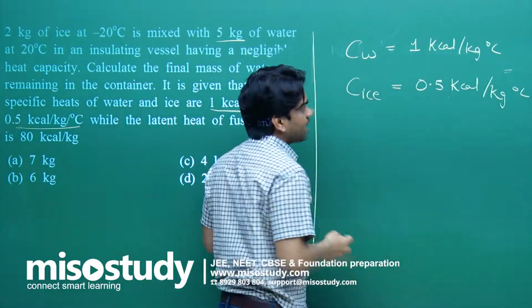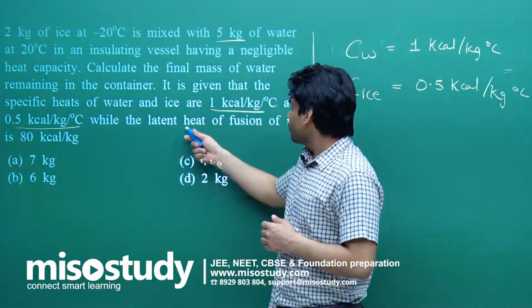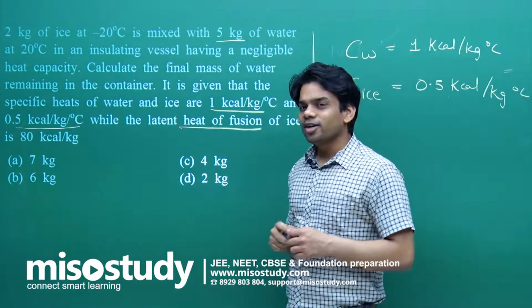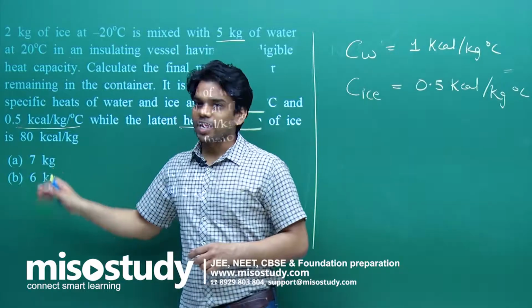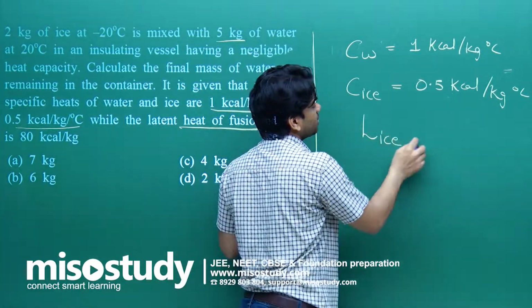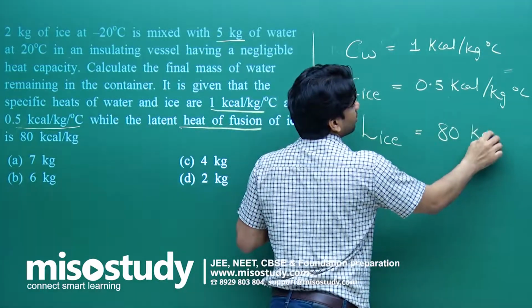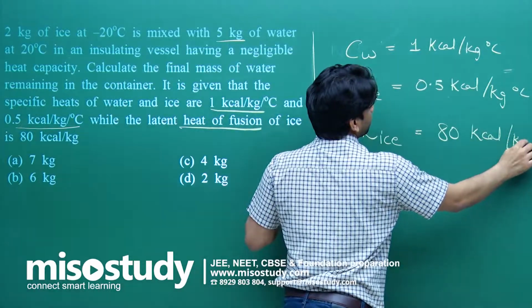This is both data that has been provided. Next, the latent heat of fusion of ice is 80 kilocalorie per kg. So let me write this as L of ice is equal to 80 kilocalorie per kg.